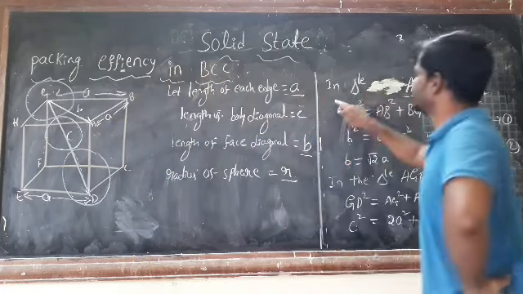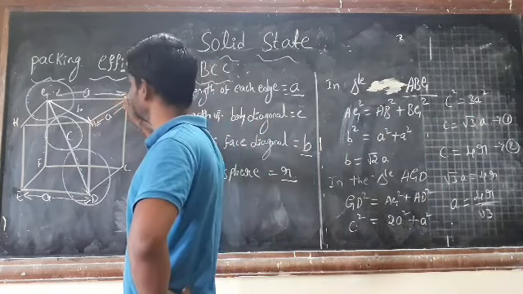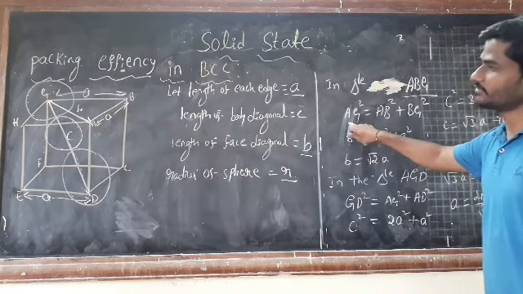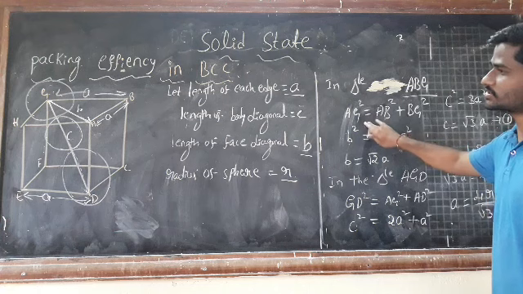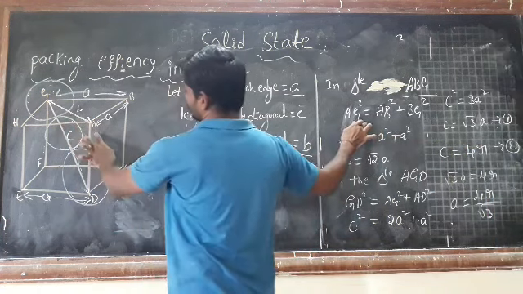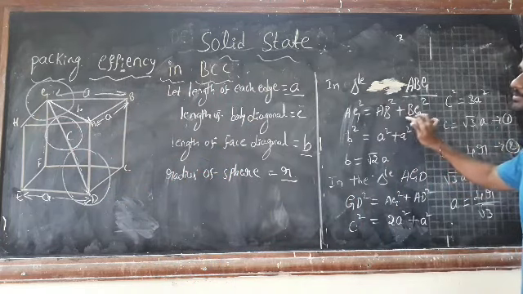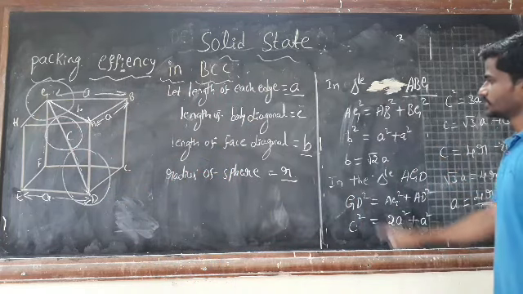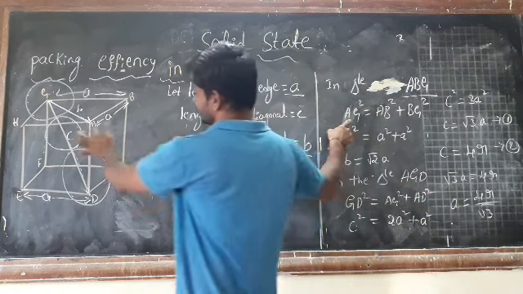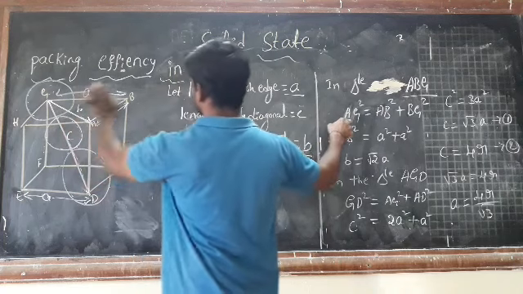In triangle ABG, from Pythagoras, AG square is equal to AB square plus BG square. We are taking the face diagonal AG as B, so AG square is B square.